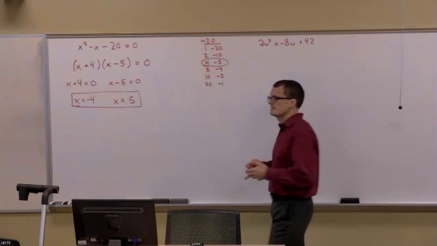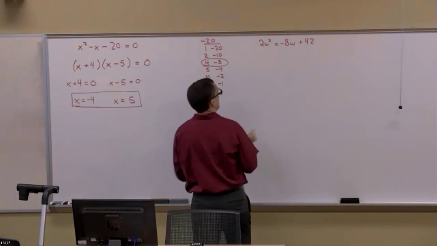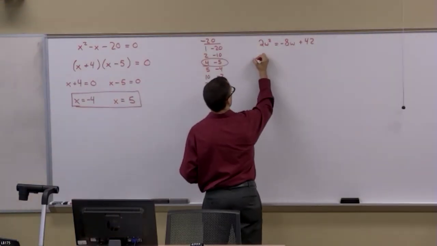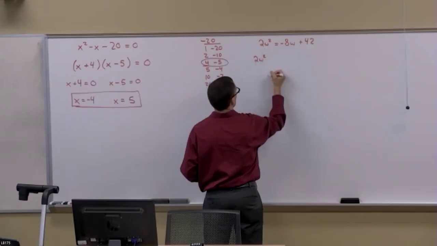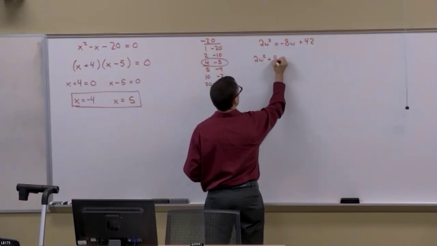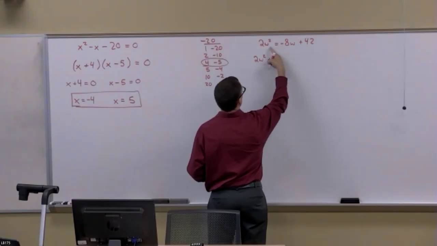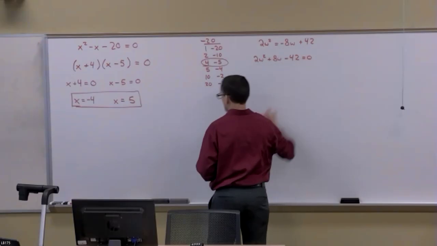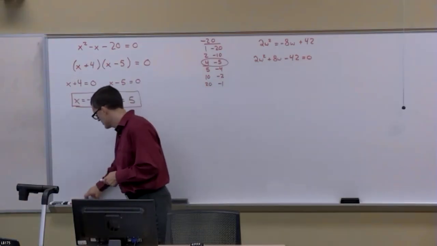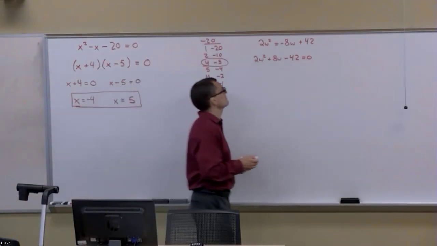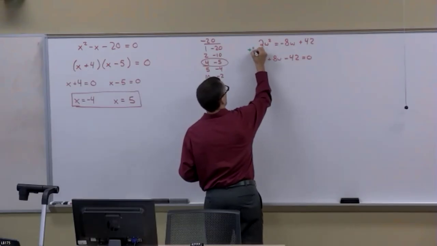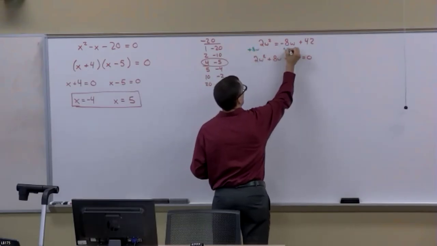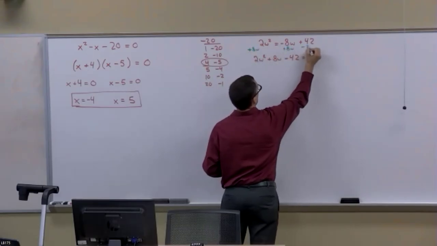I'm going to try to make this as easy as possible. So the first thing I'm going to do is add 8w to both sides and subtract 42 from both sides. When I do that, I basically added 8w and subtracted 42.